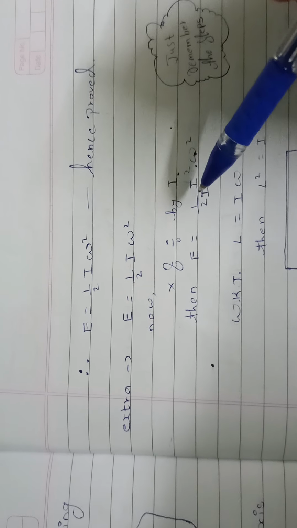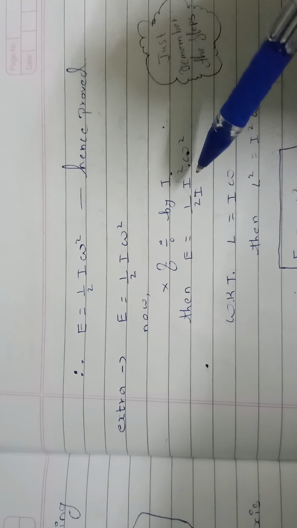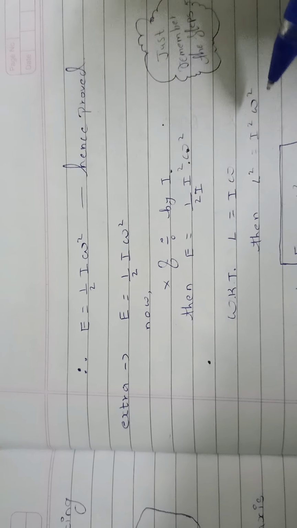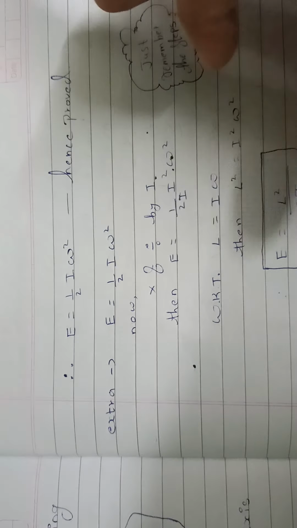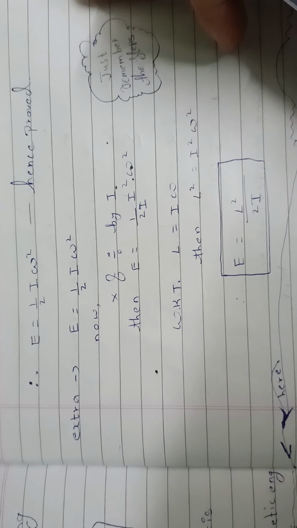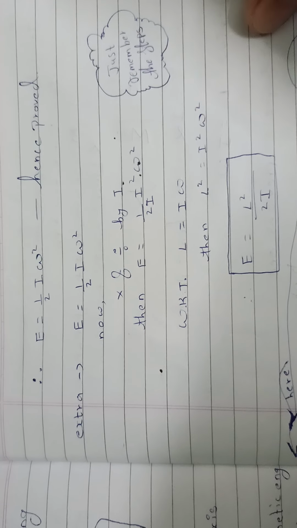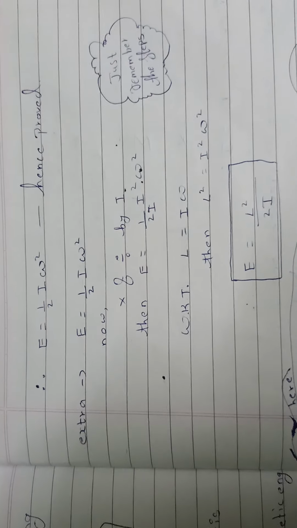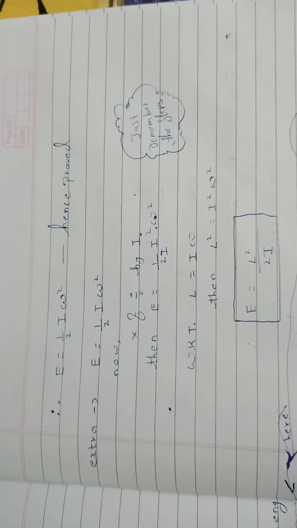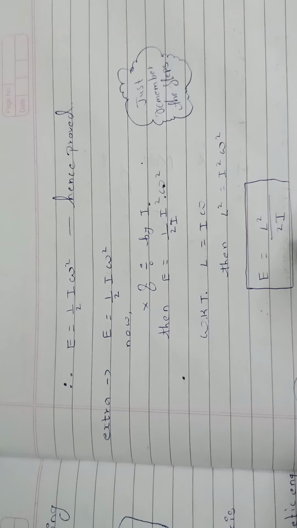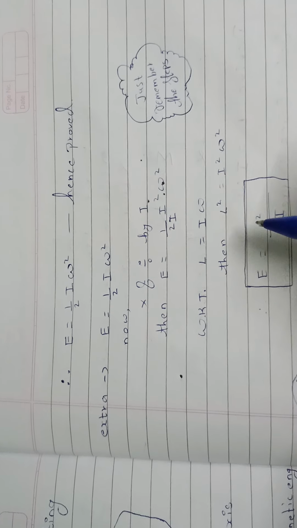So we can write I square omega square as L square. Therefore the expression comes to be kinetic energy E is equal to L square upon 2I, where L is angular momentum.